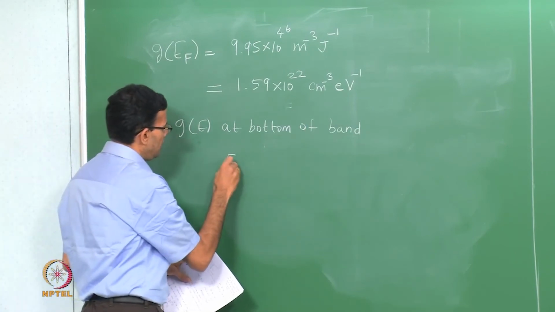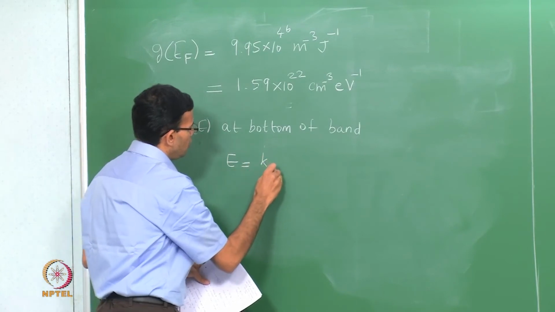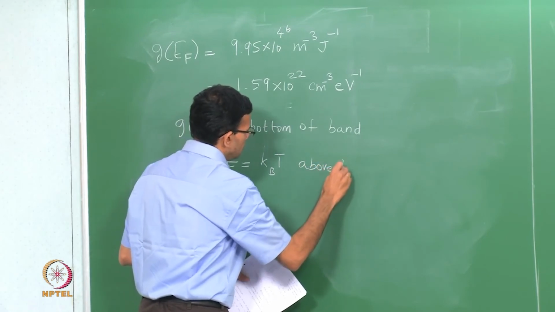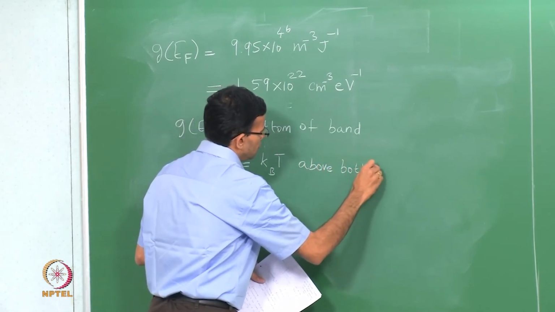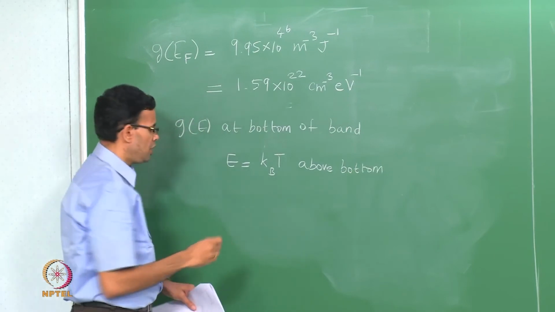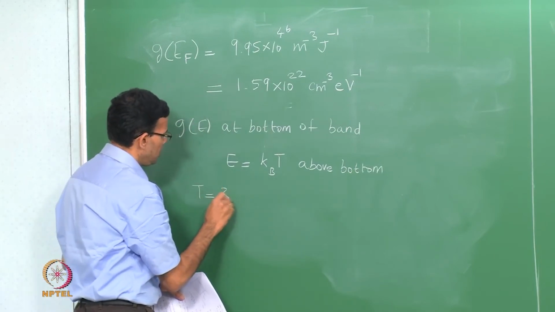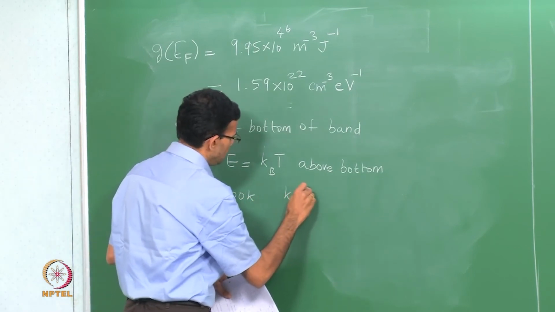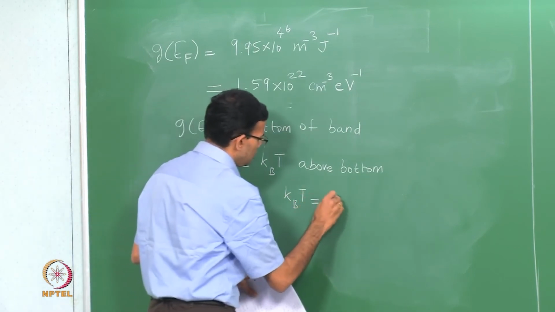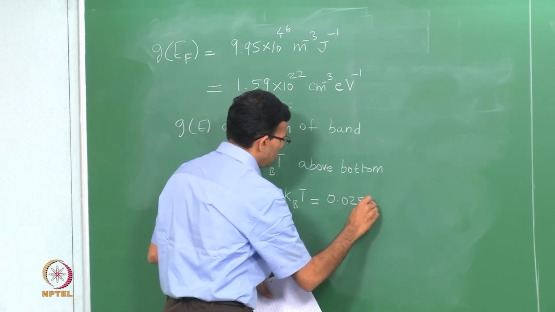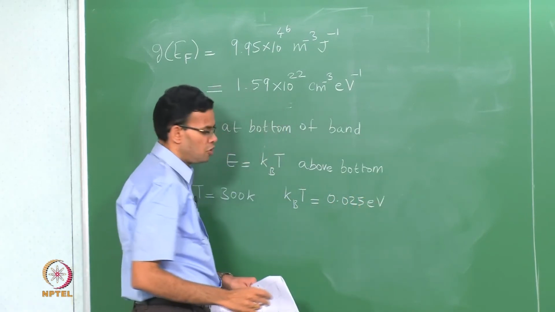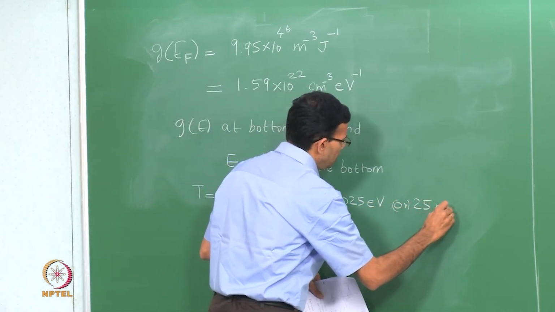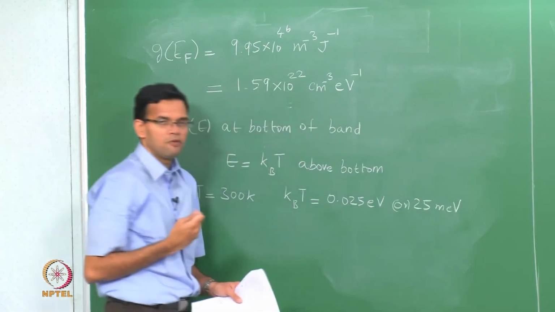Let us look at E equal to KT above the bottom. At room temperature, T is nothing but 300 Kelvin. So KT is 0.025 eV, or 25 milli eV above the bottom of the band.